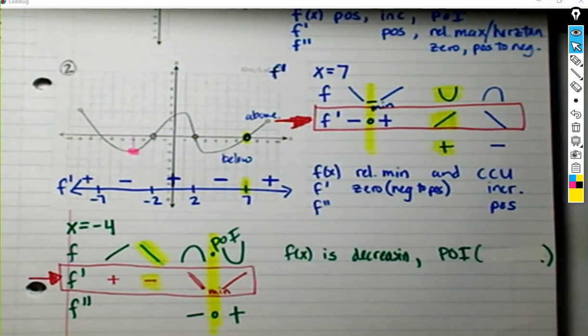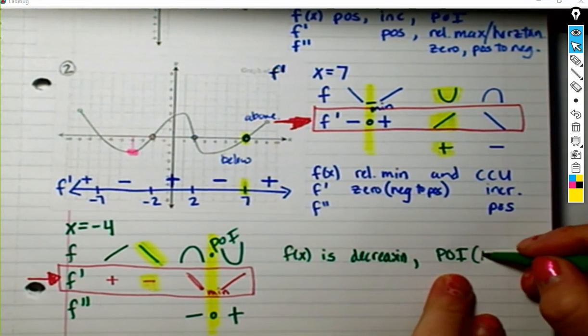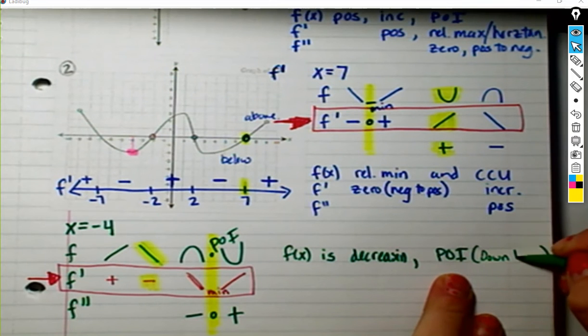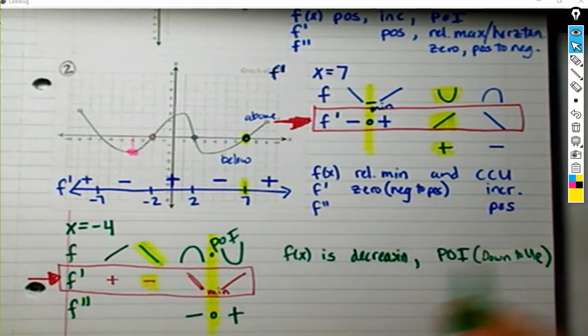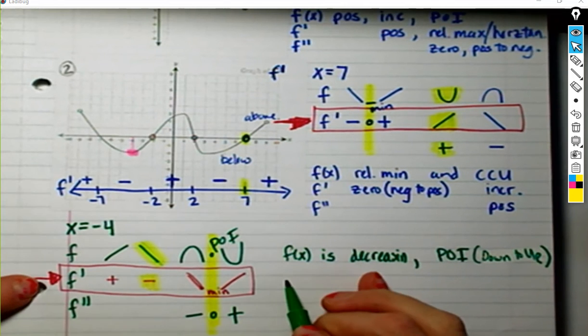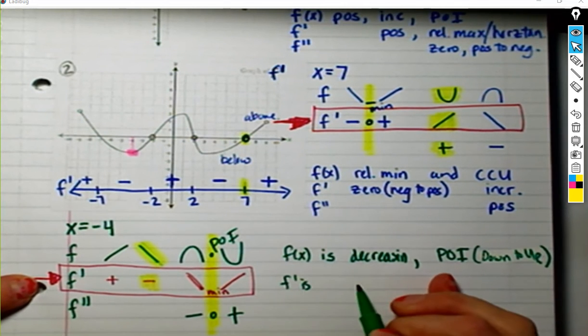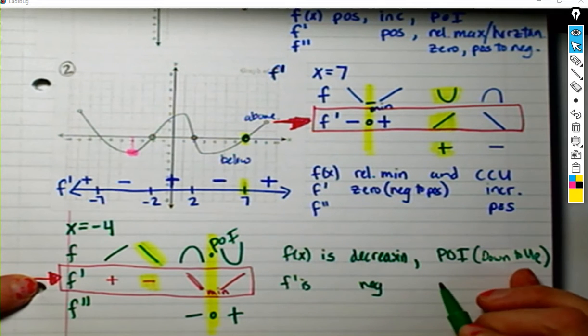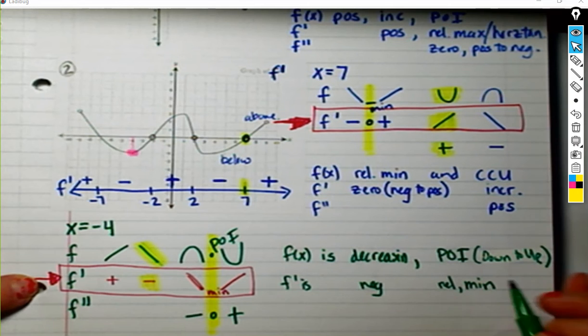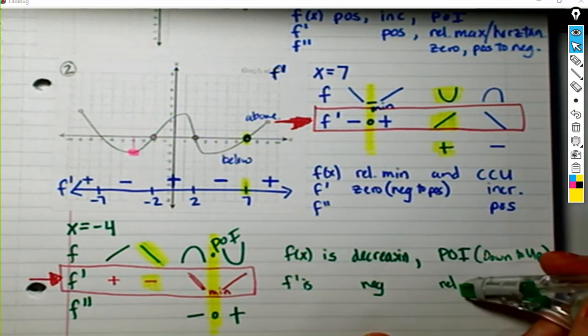I'll re-say those words, okay? I know that it's going down to up because the columns are in the correct order. All right, f prime is negative, has a relative min. How do I know it's a minimum?